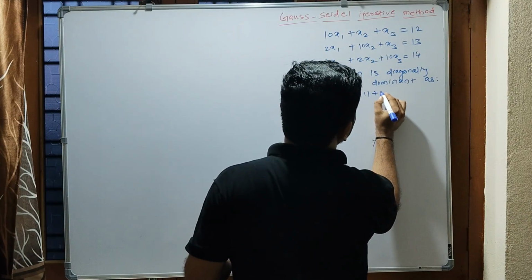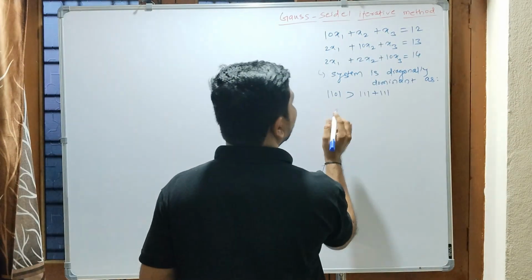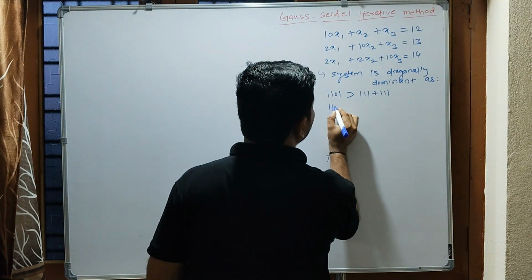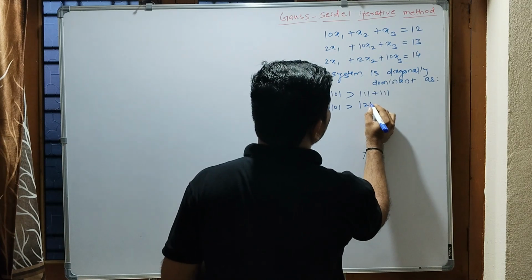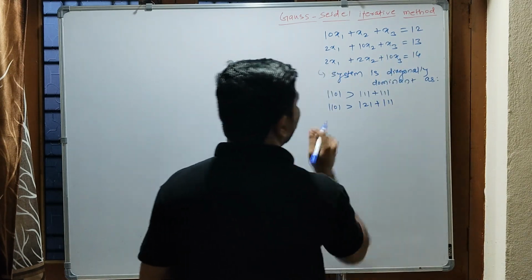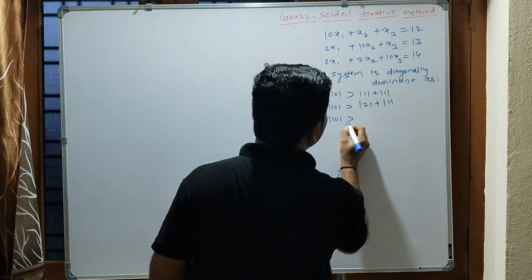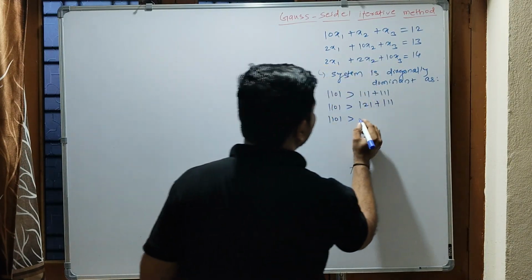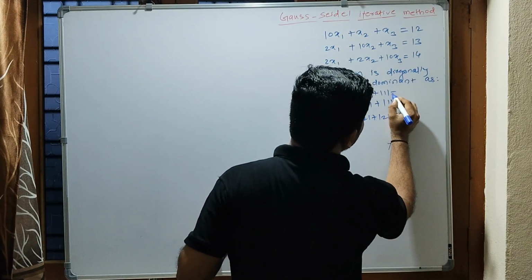The absolute value of a22, that is 10, is strictly greater than a21 plus a23, and the absolute value of a33 is strictly greater than a31 plus a32, that is mod of 2 plus mod of 2.